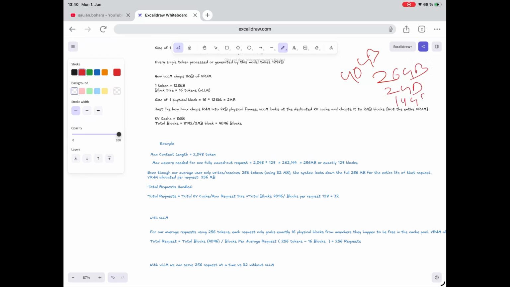The remaining 14 gigs, if this is for KV cache, only this part is chopped into KV cache blocks, not the entire VRAM. That's what I wanted to say. So assuming 8 gigs is given to my KV cache and each block is 2 megabytes, I can have 4096 blocks, right?